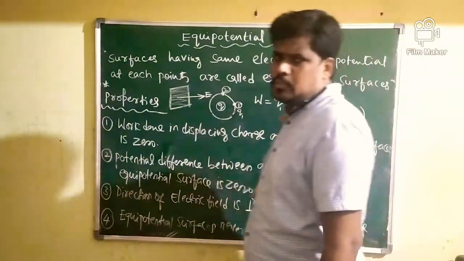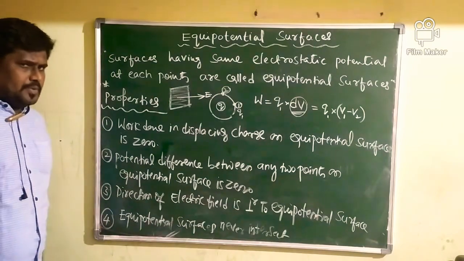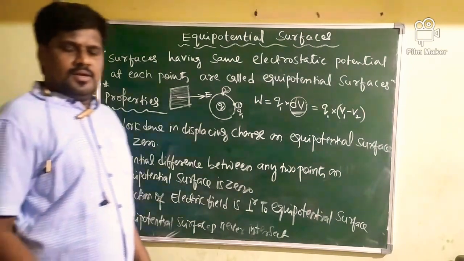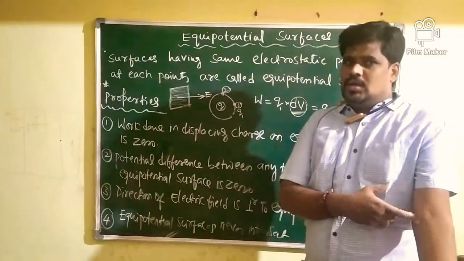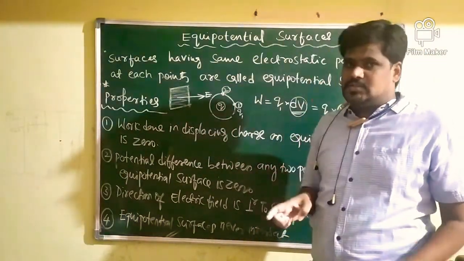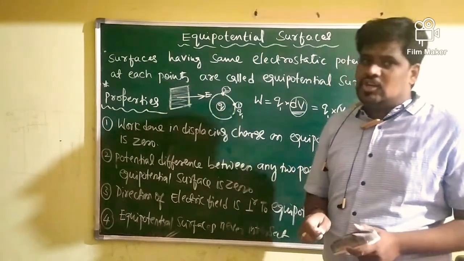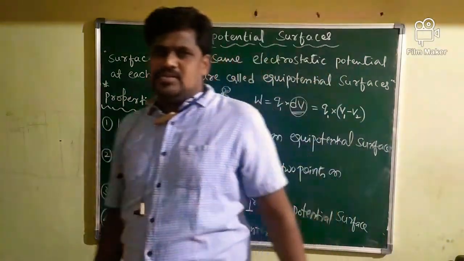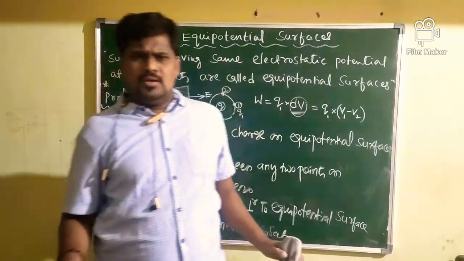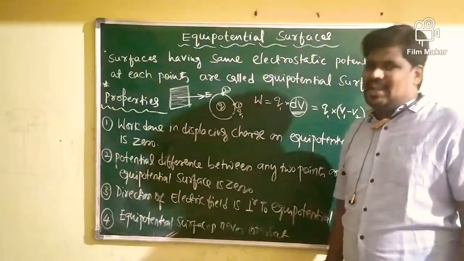You can add one more property to equipotential surface, that is the last property. Which is the last property? Equipotential surfaces are very close in the region of strong electric field, and equipotential surfaces are very far from each other in the region of weak electric field.